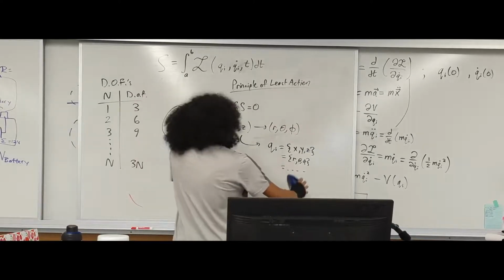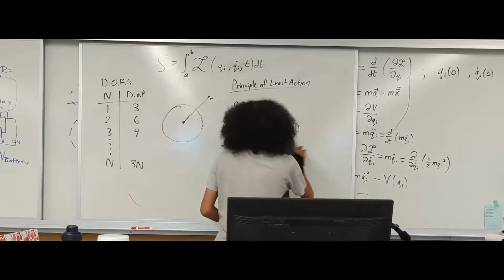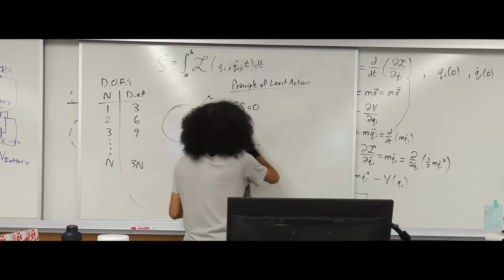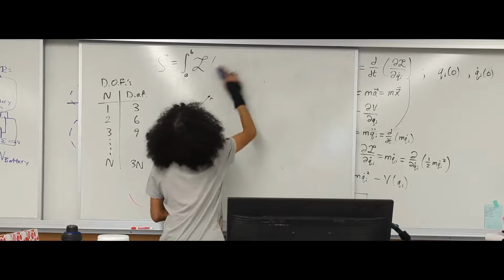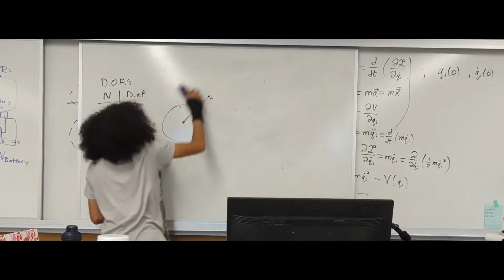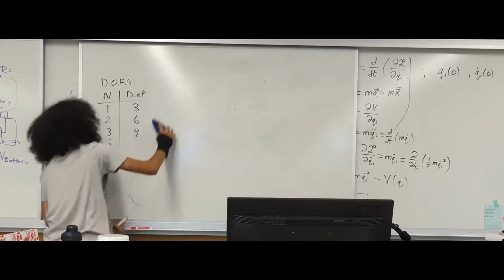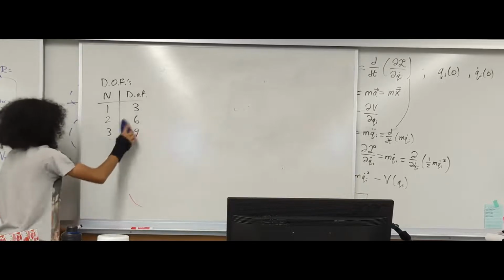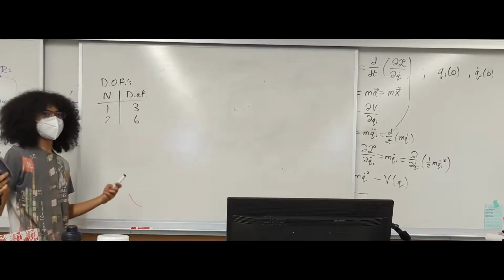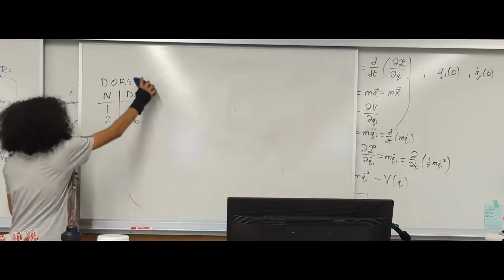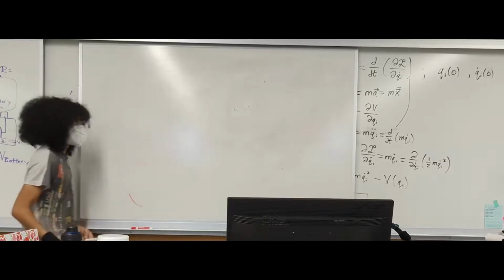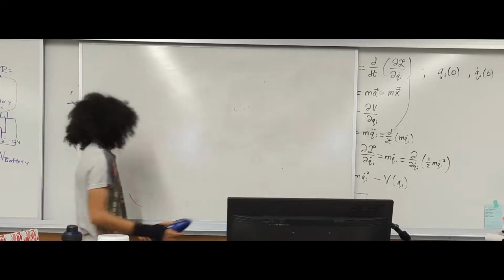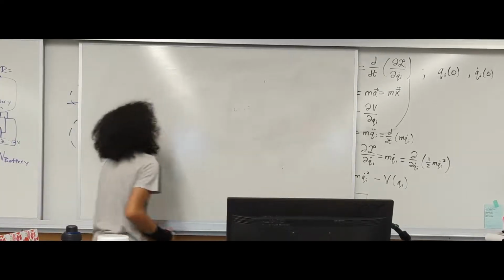Okay. So let's do some pretty simple examples. Let's say we have a free particle. So what that means is that, for one, we're going to do one particle. And for the other, we're not going to have any forces, so no potential energies. Okay.